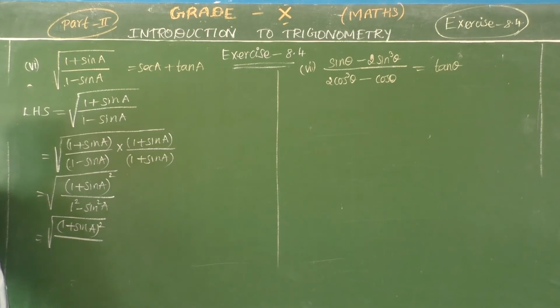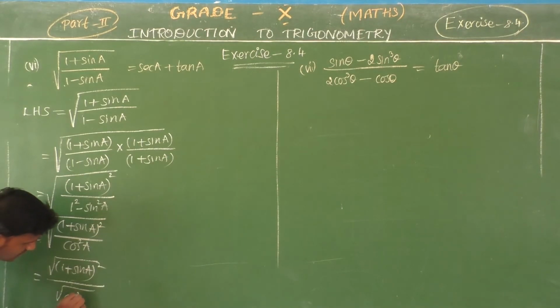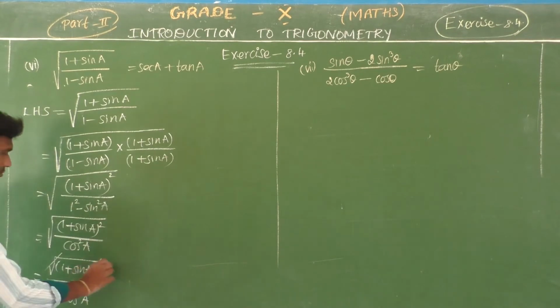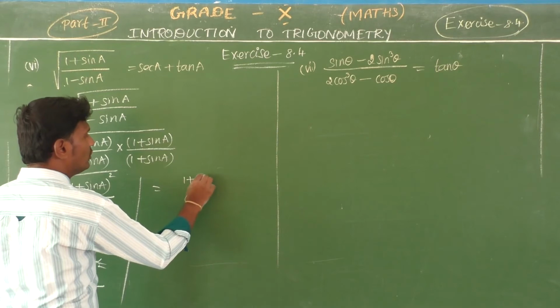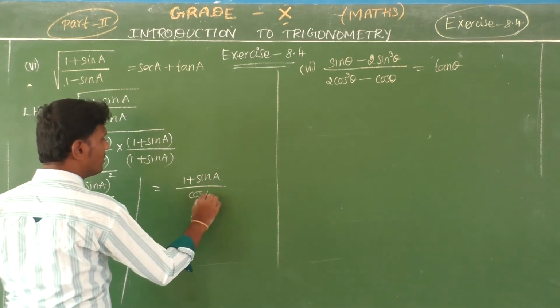Already you know the formula from the identity: sin square A plus cos square A equal to 1. So here 1 minus sin square A, we have to take as cos square A. So I am going to take the square root individually on both numerator and denominator, whole divided by square root of cos square A. So here the square root will be cancelled. And the next it will come (1 plus sin A) whole divided by cos A only.